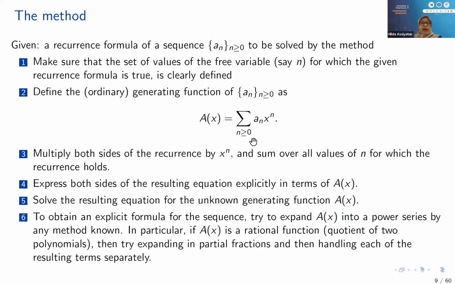Given the recurrence formula, we multiply both sides by x to the n, and sum over all values of n for which the recurrence holds. After that, in steps 4 and 5, we try to extract the generating function A(x).